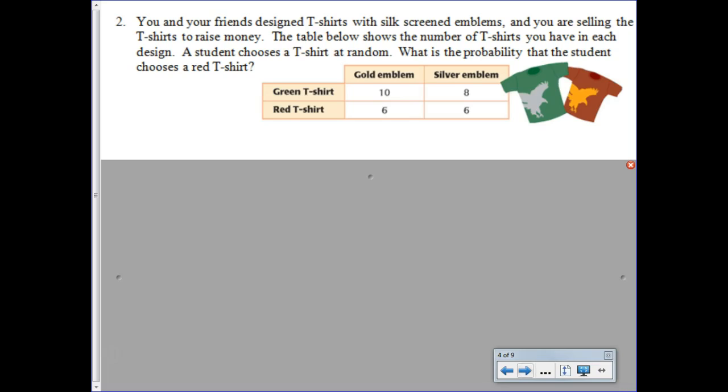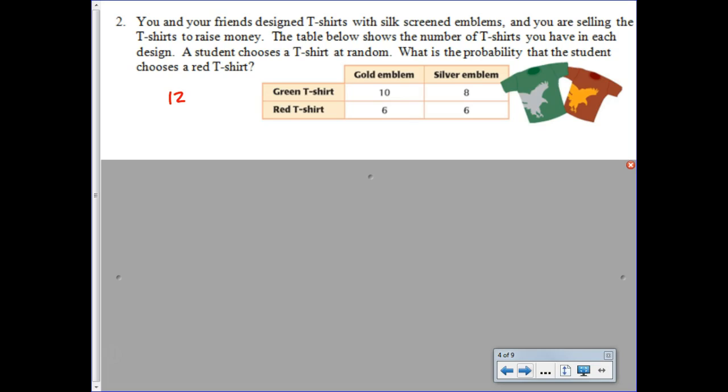All right, you and your friends designed t-shirts with silk screened emblems, and you are selling the t-shirts to raise money. The table below shows the number of t-shirts you have in each design. A student chooses a t-shirt at random. What is the probability that the student chooses a red t-shirt? Well, the red t-shirts, in total, there are 12 of them, if we don't care whether it has gold or silver.